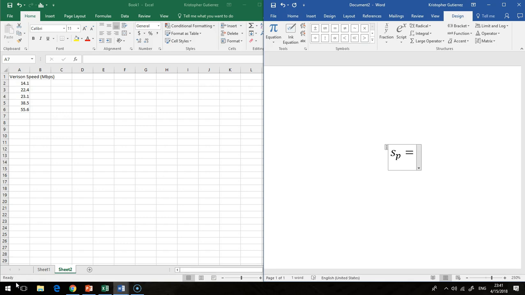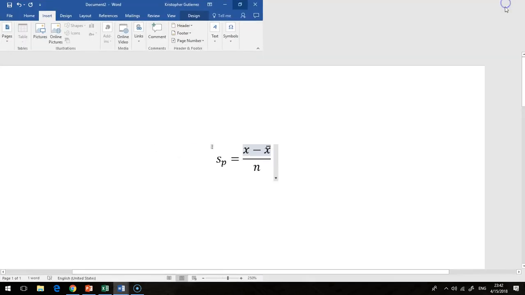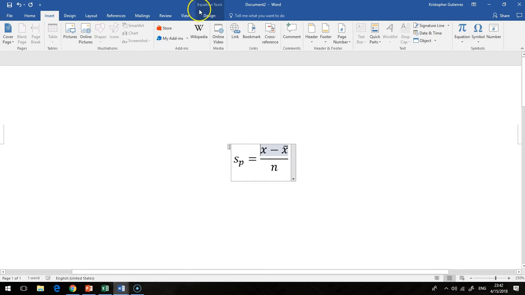So the distance is simply going to be equal to x minus x bar divided by n. So that is the average. And it's actually going to be the sum of the x minus x bar. So let me go ahead and insert equation tools.